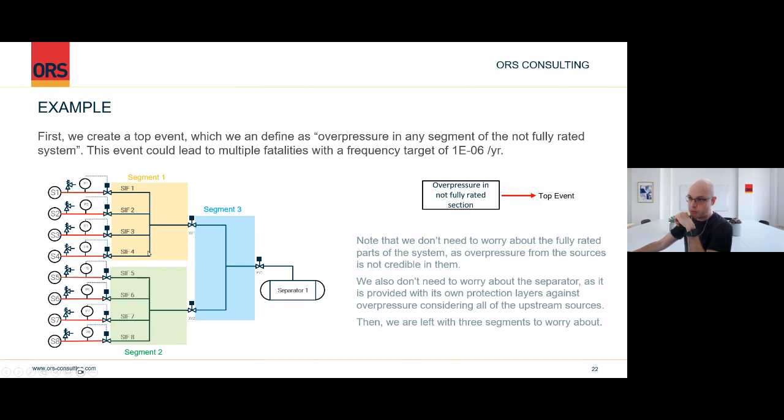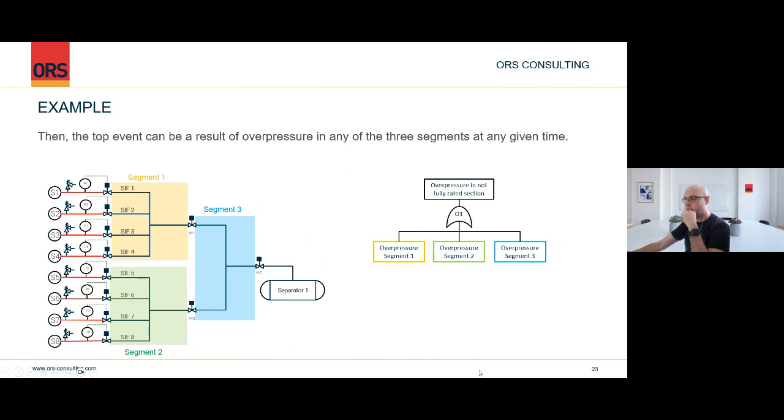But this is the way I preferred to talk about it because I'm thinking of the initiating events, right? So if this closes, all of these need to work. If this closes, all of these 4 need to work. But if this closes, the 8 of them need to work. So I've separated that based on the initiating events and the safeguards that need to work for each segment of the production system.